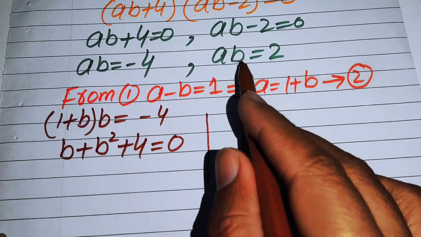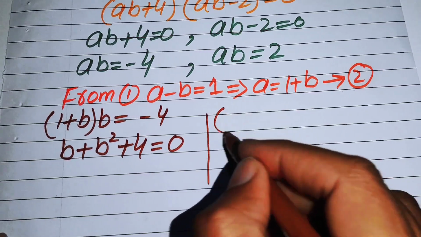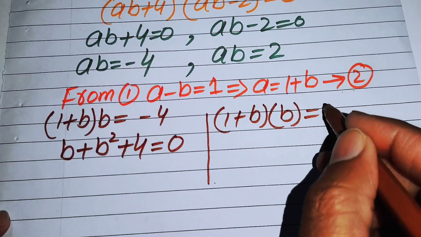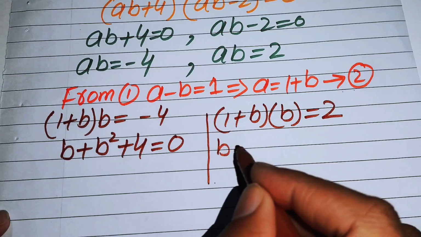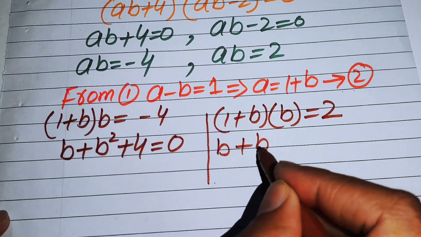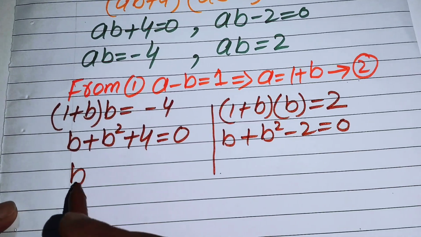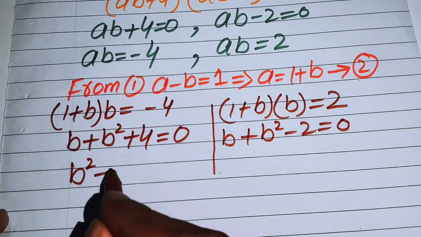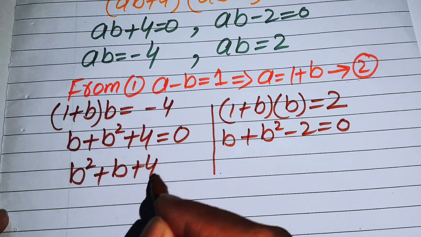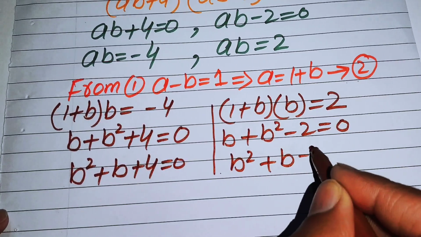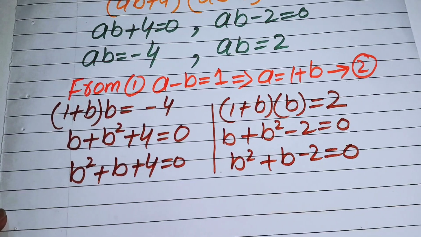And in the second case we put the value of a here, and you get (1 plus b) times of b equals to 2, and we multiply this one here, and you get b plus b squared minus 2 equals to 0. So here we rearrange both of the terms, and you get b squared plus b plus 4 equals to 0, and it becomes b squared plus b minus 2 equals to 0.